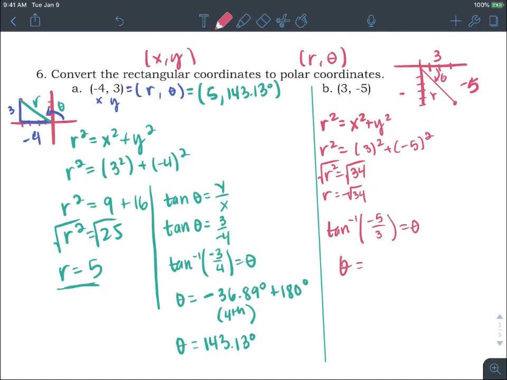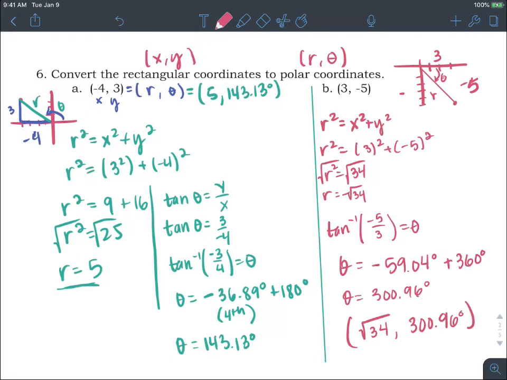And theta is equal to negative 59.04 degrees. You can leave it like that if you want, or you can add 360 degrees if you feel like giving it a full rotation, which gives us 300.96 degrees. So our point in polar form is square root 34, 300.96 degrees. So these are just a different way to write a point on the XY plane.